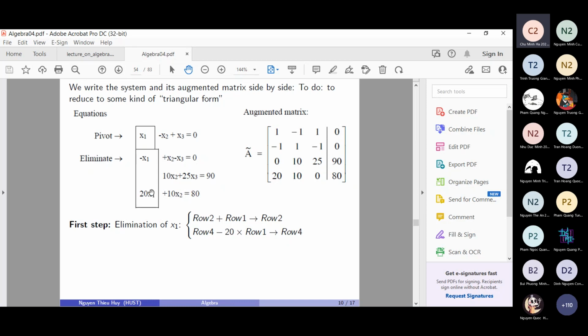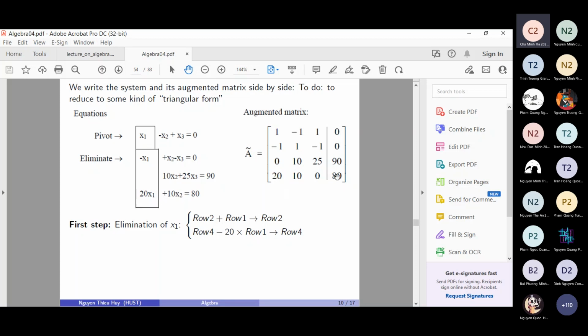And then if we want to eliminate this 20 x sub 1, you just multiply the first row by minus 20 and add it to the fourth row. This means row 4 minus 20 multiplied by row 1, replacing row 4, the last one here, so that you obtain 0 here, because 20 minus 20 is 0.